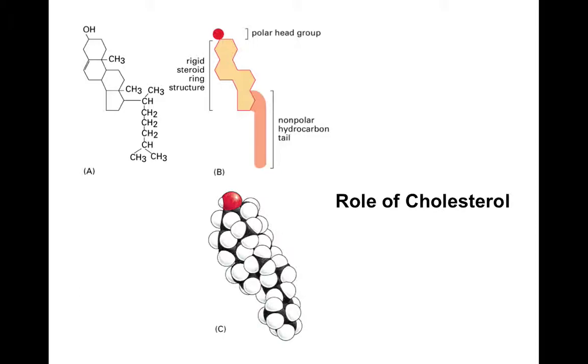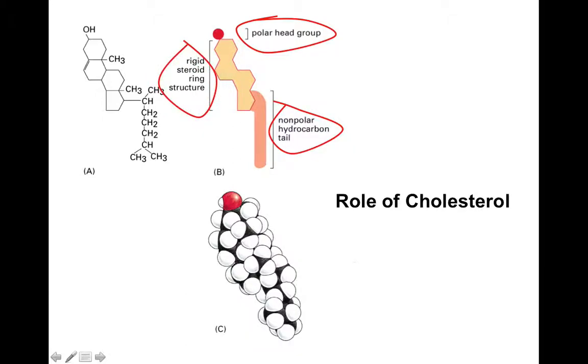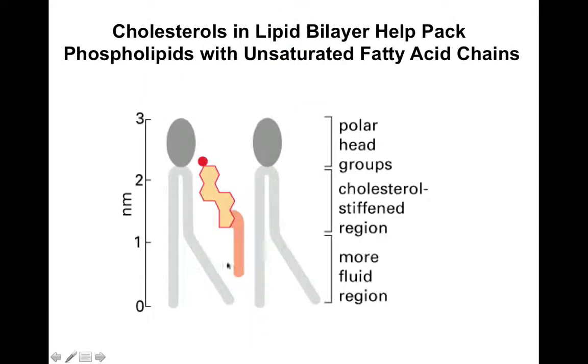Cholesterol is also sometimes present in the plasma membrane, and that also has a polar head group and a nonpolar hydrocarbon tail. Polar head group, nonpolar hydrocarbon tail. And what it does is it basically fills in the gaps between the unsaturated lipids.